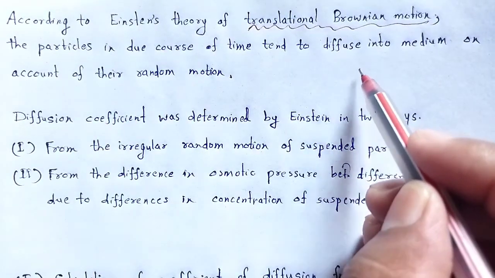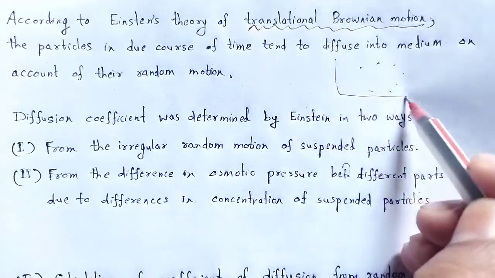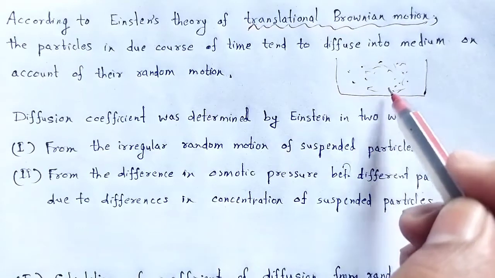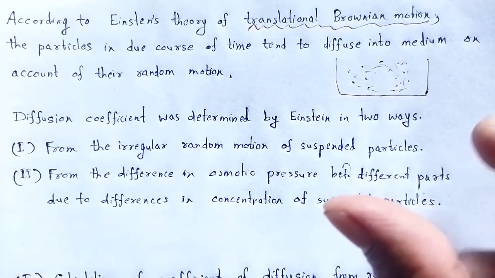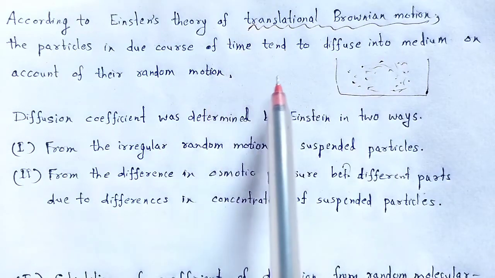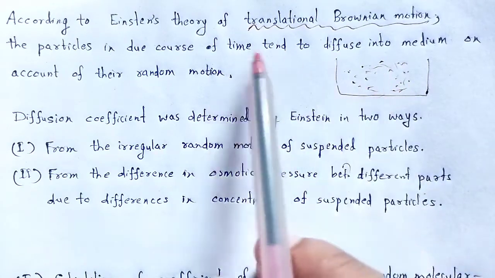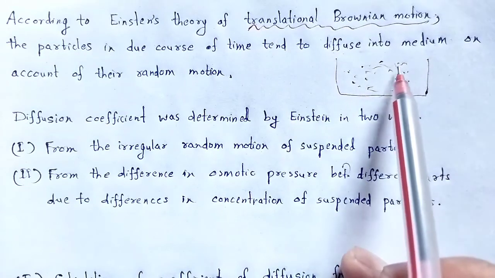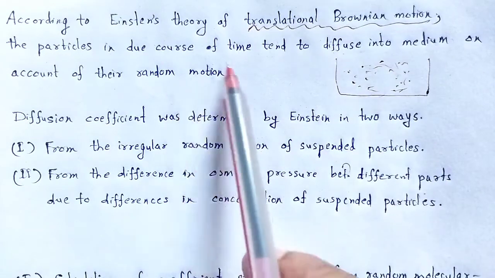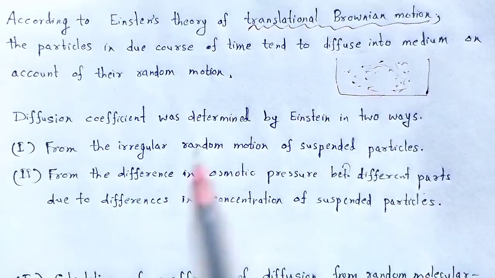If there are particles inside a gas or liquid, here we take the gas, these particles diffuse into the medium on account of their random motion. Some of the particles are diffused.